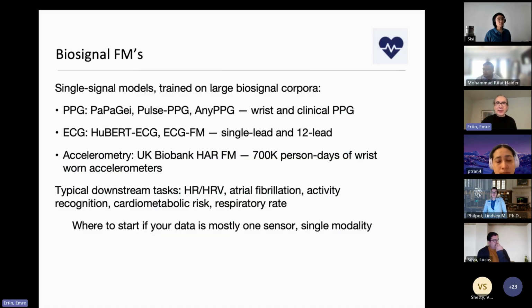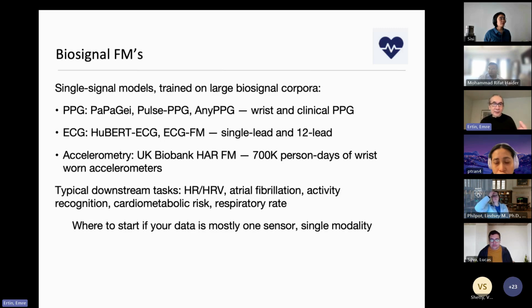For the sake of time, you will have access to the slides, I'm assuming, so you can always read the tiny details of the different ones. But again, we have single signal models trained on a single large biosignal corpus.